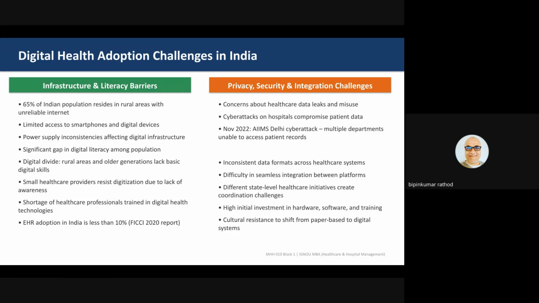If you see the pointers under the green headline, infrastructure and literacy barriers, and on the right side in the orange strip, you will see the privacy, security, and integration challenges.